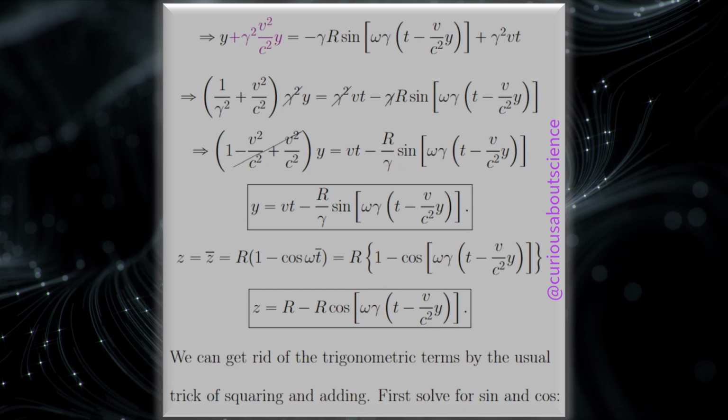Now, in order to isolate the y and z to get them out of the trig functions, we can use the trigonometric identity. We can get rid of the trig terms by squaring both of these things and then adding, because we know that sine squared plus cosine squared gives us 1. So that's how we get rid of the implicit definitions here.